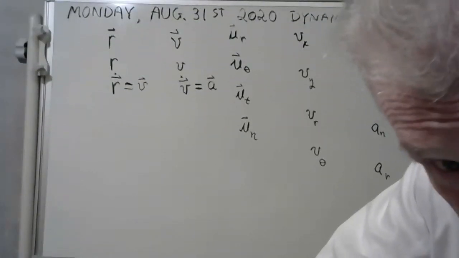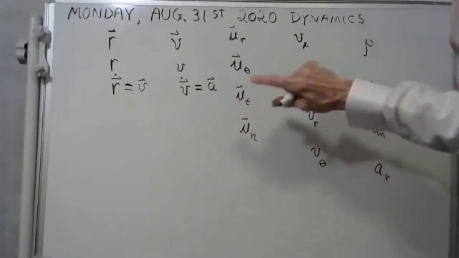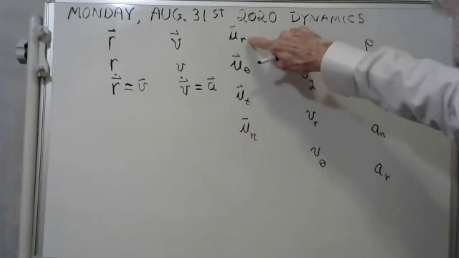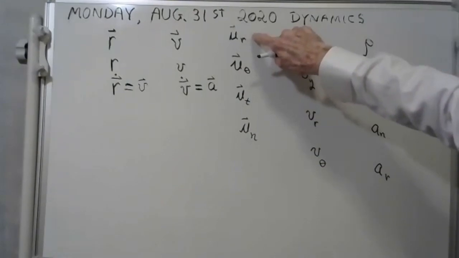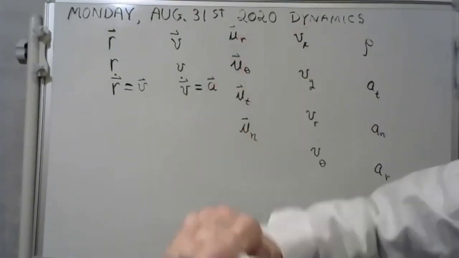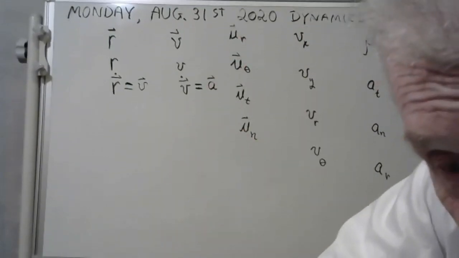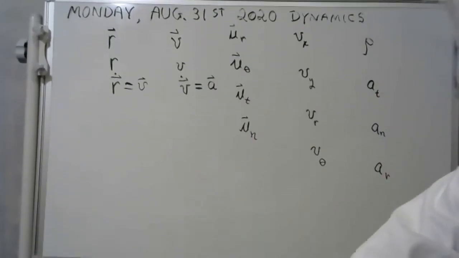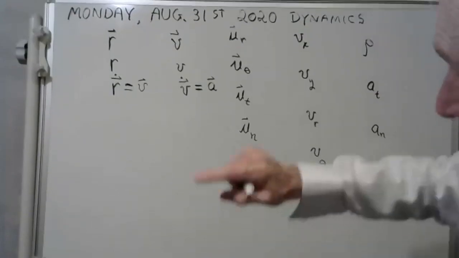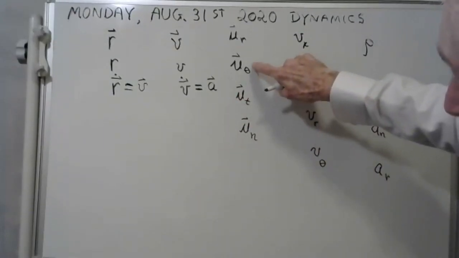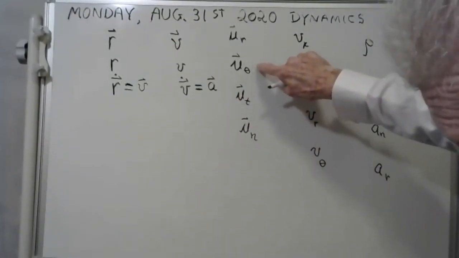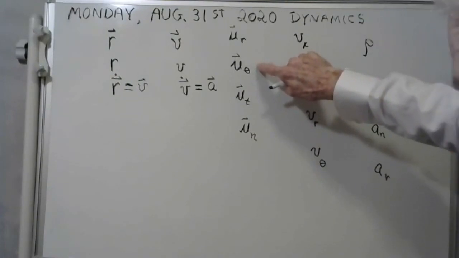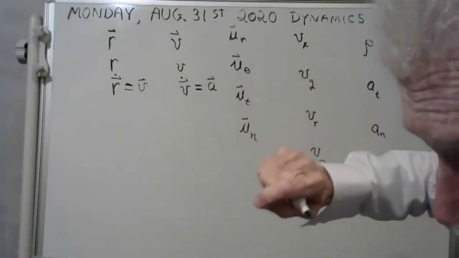Hey, William's with us. William, unmute and tell us the name of that little guy right there. We got to know the names. Go ahead. The unit vector in the radial direction. That's it. He's got it. Good going, William. What's that one, William? The unit vector in the theta or in the angle direction.